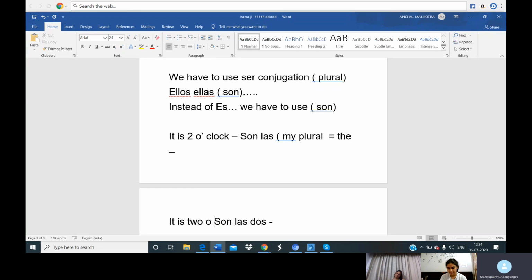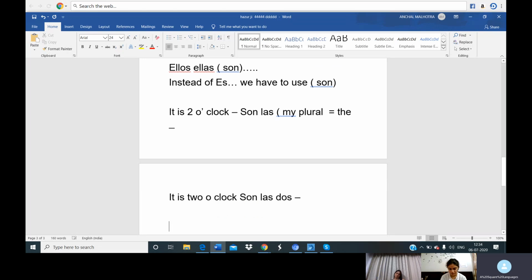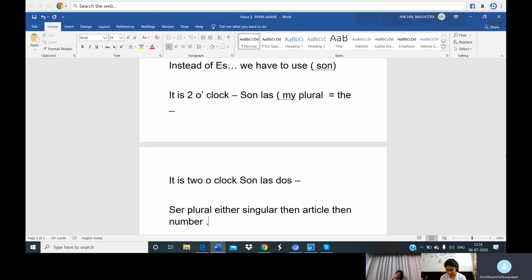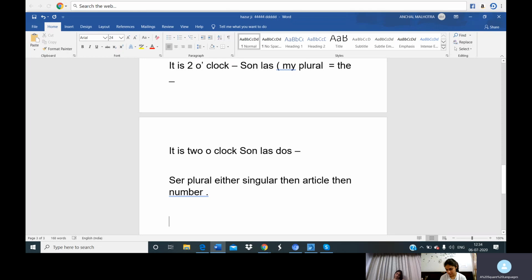So basically the formula is: plural or singular, then article, then your number. This is the formula whenever you are asking or responding about the time.